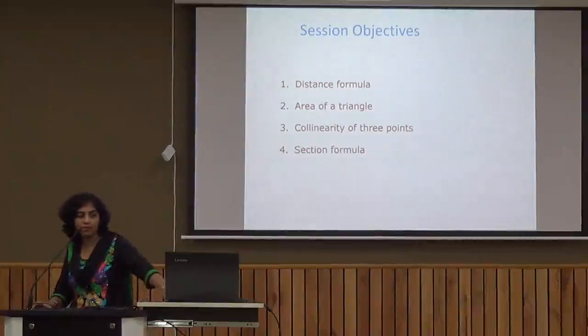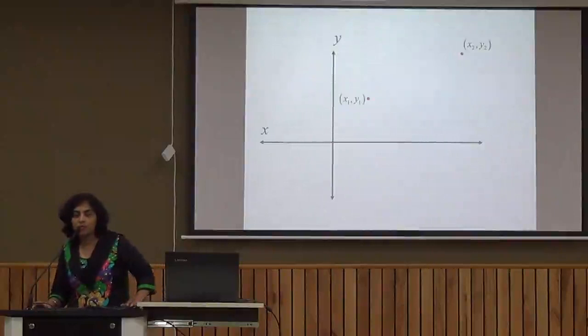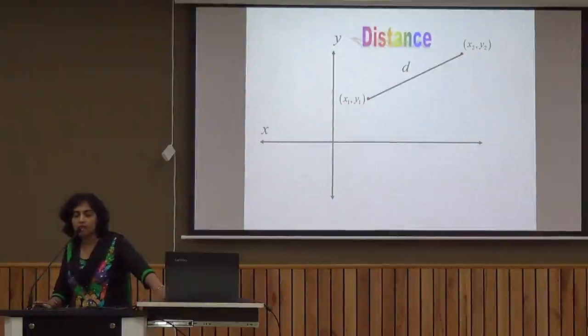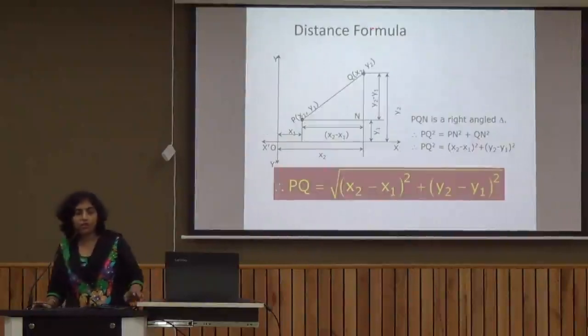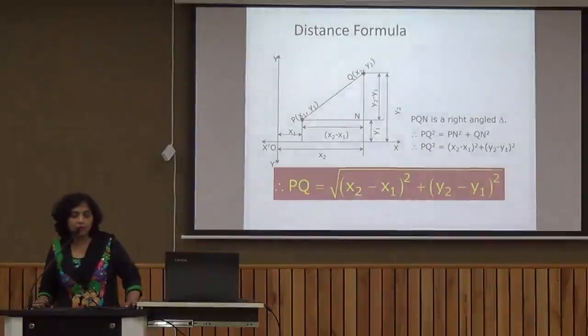So let's start with the distance formula. If we are given 2 points with the coordinates x1, y1 and x2, y2, the distance between them is denoted by d. So how do we calculate it? At the point P, the coordinates are x1, y1.